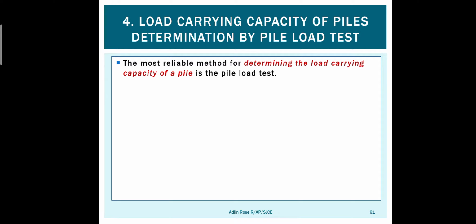Experimentally we conduct the plate load test for a shallow foundation. Similarly, for a pile foundation, to find the load carrying capacity, we directly find the allowable load and the settlement of the pile by conducting an experimental field test, that is the pile load test.